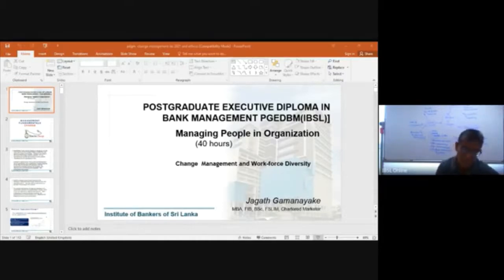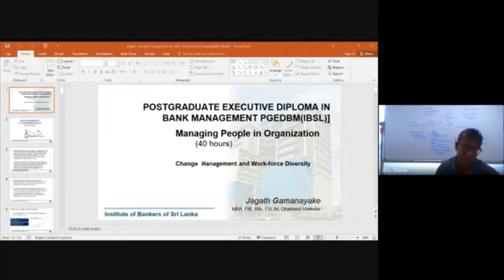Then we discussed the triggers for change, or the forces that influence change. We identified external forces, external triggers, and internal reasons. That is why we need to change, right? What are the reasons why we need to? Then we discussed the level of change as well as the types of change, right? Planned change, emergent change, continuous change, incremental change, remedial change, development, transformational change. Likewise, there are different types of change.